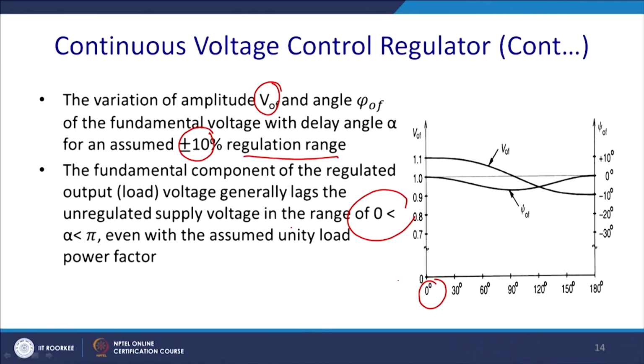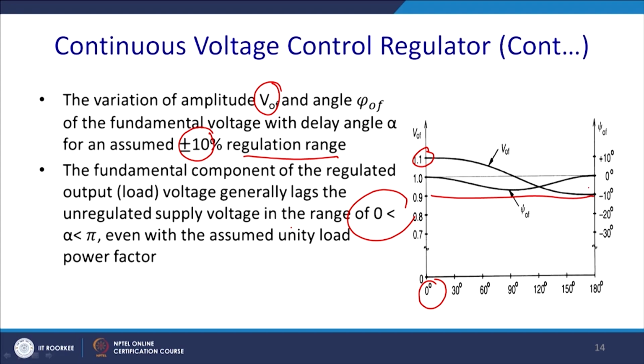So, this is the VOF. When alpha equals 0, you get 10% more voltage, as simple as that, and gradually it will come down and you get 10% less voltage, and this is the reference, and you get 0.9. And what about the phases?